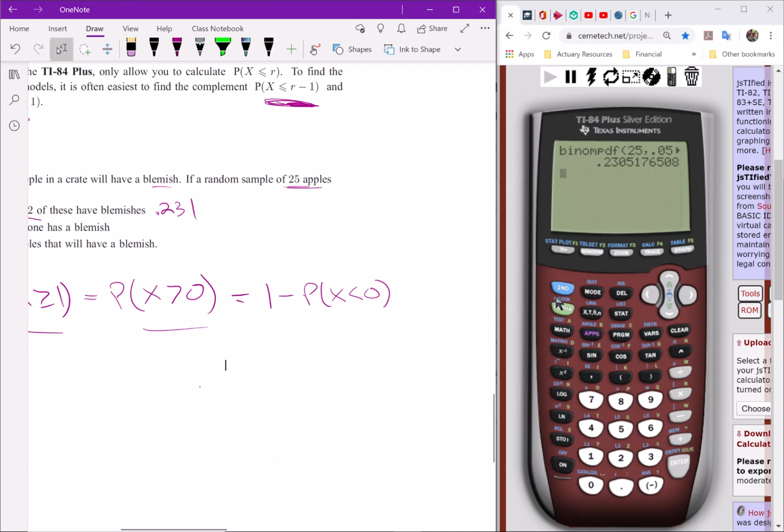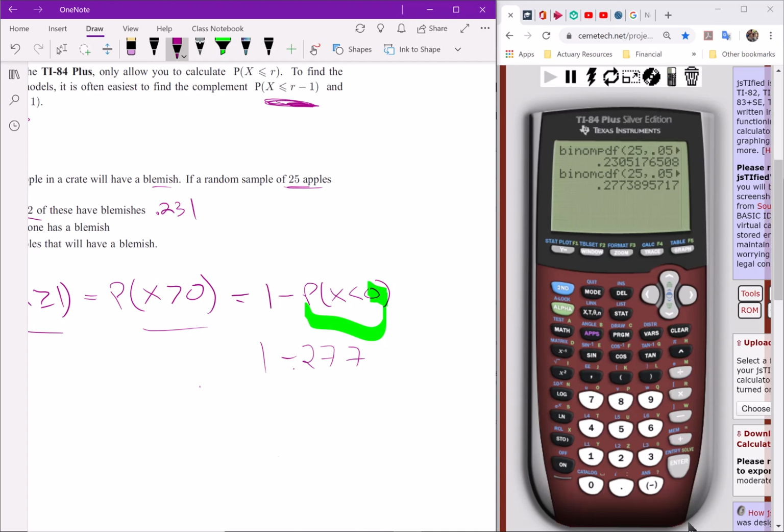So what we're going to do is 2nd, distribute. We're going to go down to binomial CDF because we want a cumulative. We're still at 25 trials, probability still 0.05. The x value in this case is going to be 0, because we want to know when it's less than 1, which is basically just 0. This probability gives us 0.277.